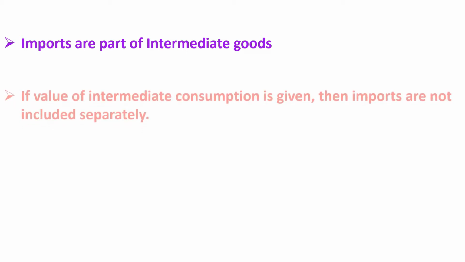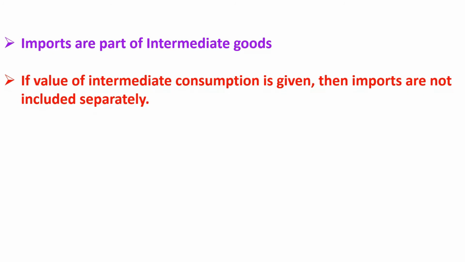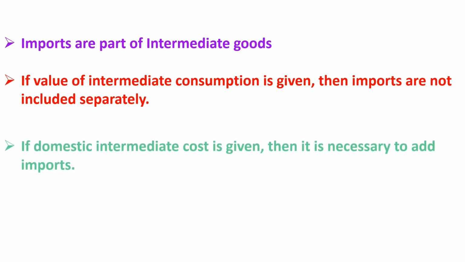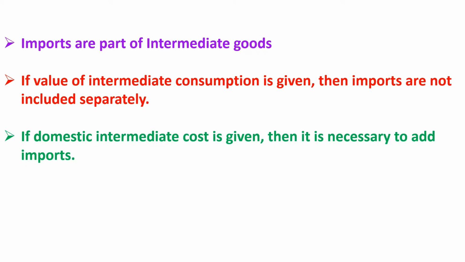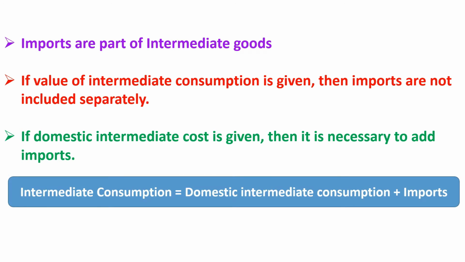If value of intermediate consumption is given, then imports are not included separately as they are part of intermediate consumption. If domestic intermediate cost is given, then it is necessary to add imports. That means now two subparts are given separately, so we have to sum these two parts to find value of intermediate consumption. Intermediate consumption is equal to domestic intermediate consumption plus imports.